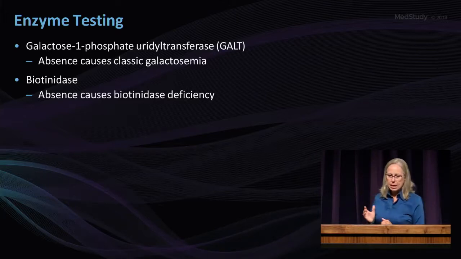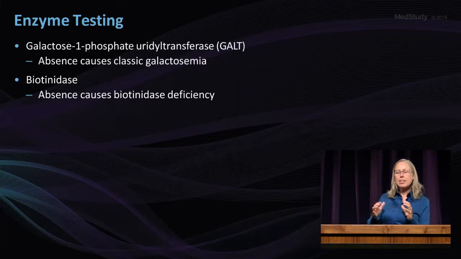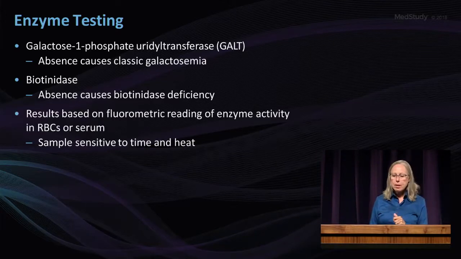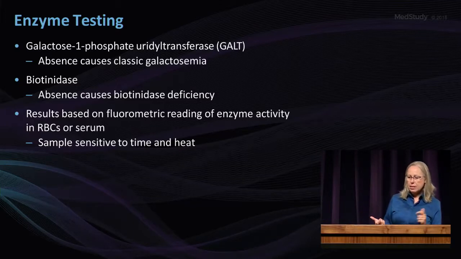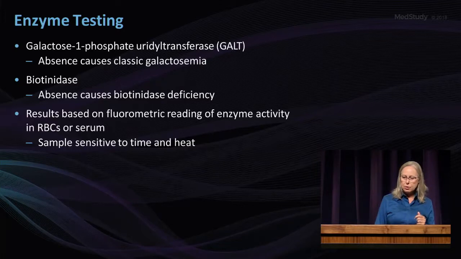True story. If you're seeing more than one, it could be that somebody has more than one thing, but it's less likely. Repeat that test, because the enzymes will become inactivated with heat. Results are on fluorometric reading of the enzyme activity, and it's sensitive to time and heat. So if it hangs out for a week in the middle of the desert, not a good thing.